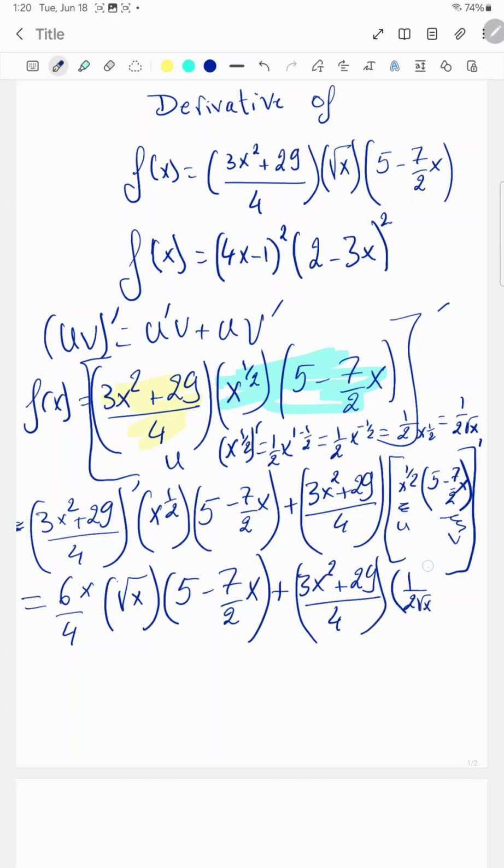This is my u prime times my v, which in that case is 5 minus 7 over 2x.